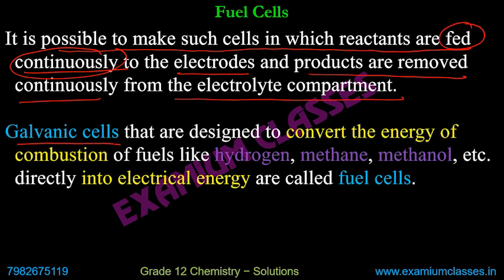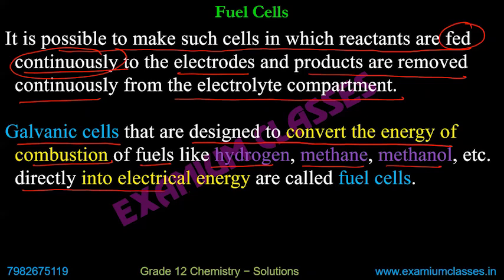Galvanic cells that are designed to convert the energy of combustion of fuels like hydrogen, methane, methanol, etc., directly into electrical energy are called fuel cells. Remember, the thumb rule applies that you have to keep on feeding the reactants and you need to remove the products.